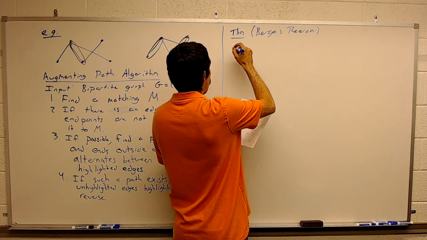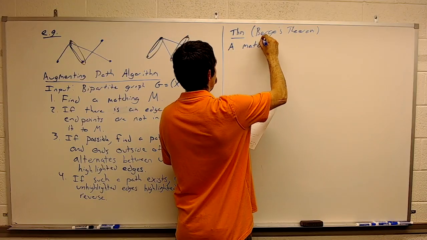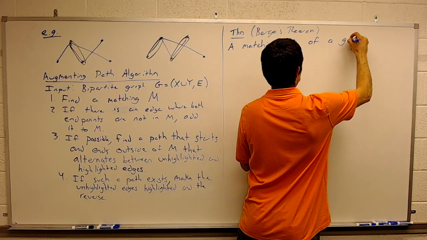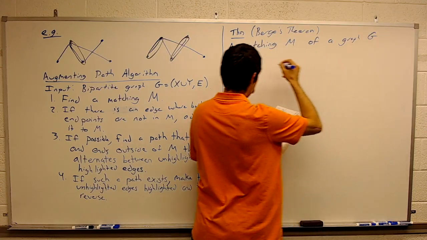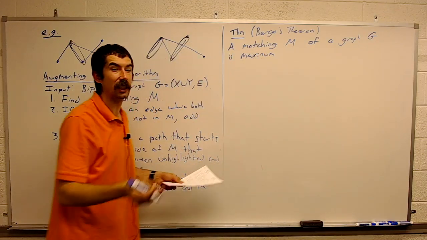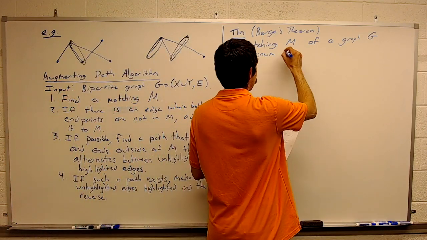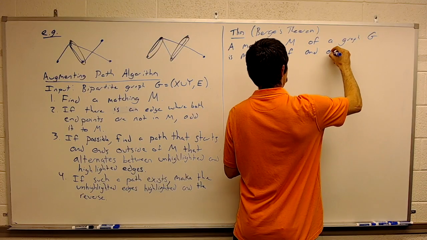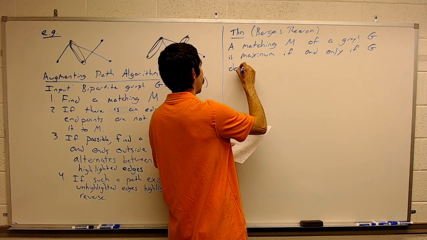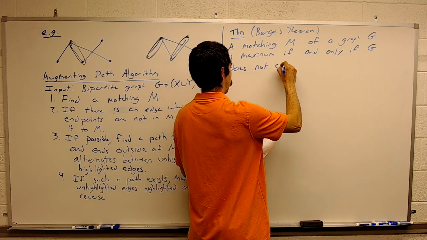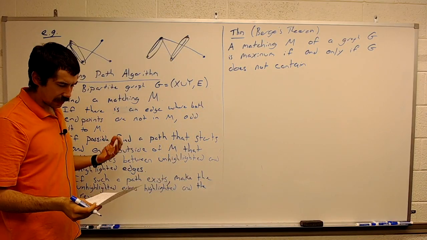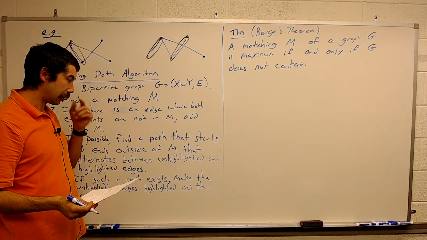Okay, so a matching M of a graph G is maximum, so it's the biggest possible, if and only if G does not contain an M augmenting path, which is how Berge's theorem is written.